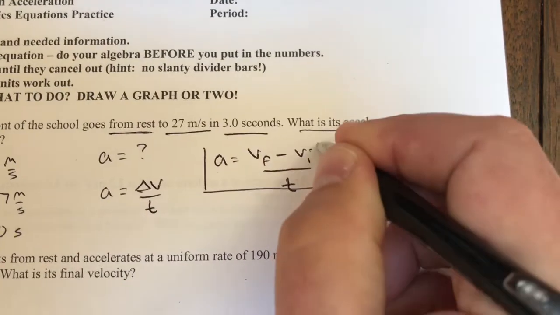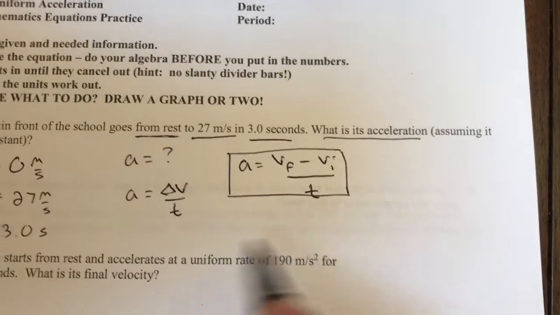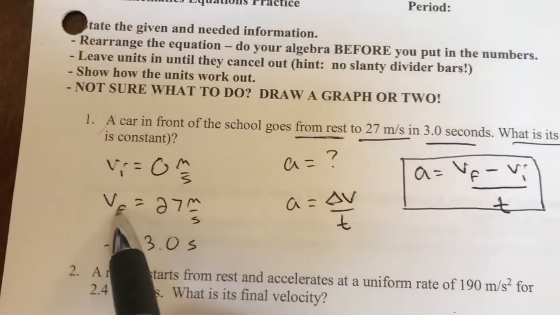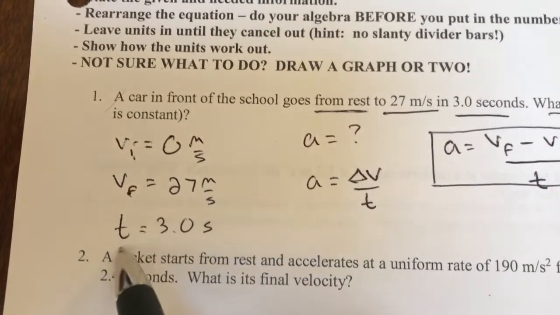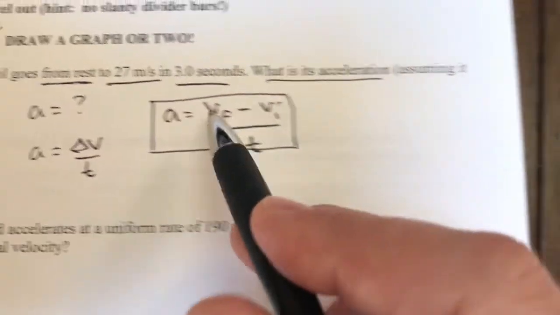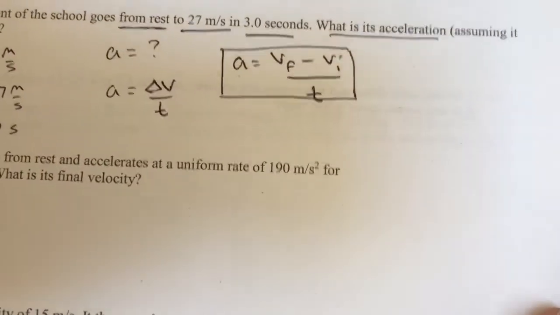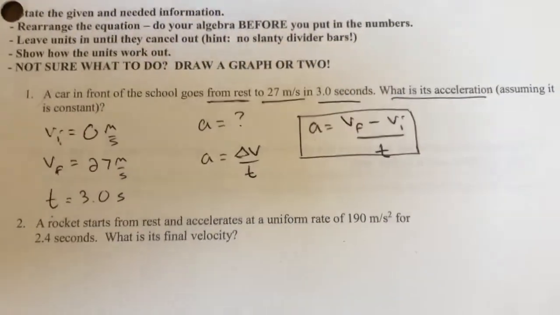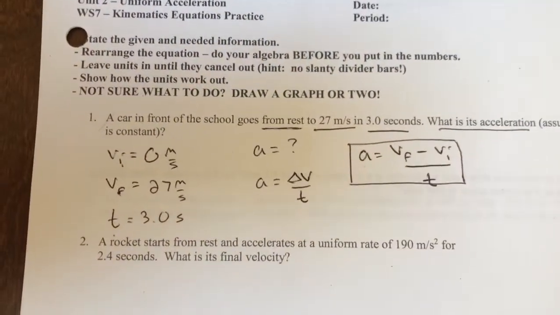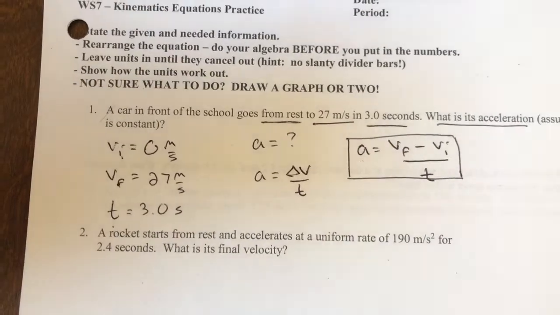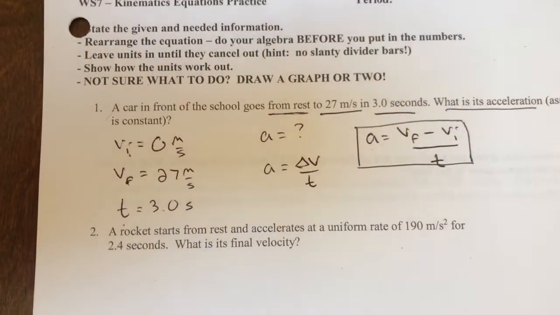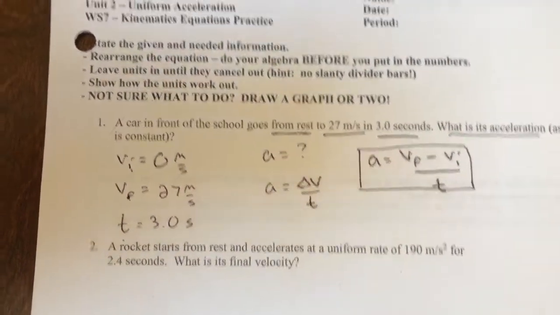There is the formula that you'll use. And because we know the final velocity, the initial velocity, and the time, we can plug these values in and solve. Now at this point, if you prefer to use the solve function on your calculator, you can do that. I think you should do the algebra first and plug the numbers in later. If you have questions about that, come see me and I'll help you out.